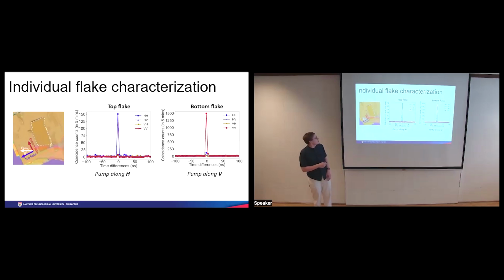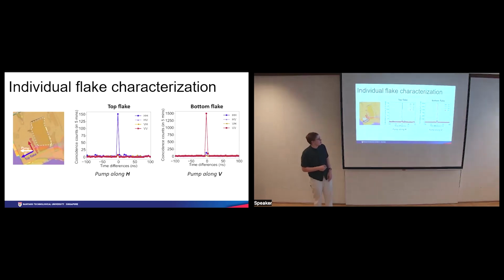Yeah. So this is just similar data, but in the time domain. Similarly, we can measure from the individual flakes. In these two measurements, we align the pump along the corresponding crystal axis, and then we measure using this same coordinate system.